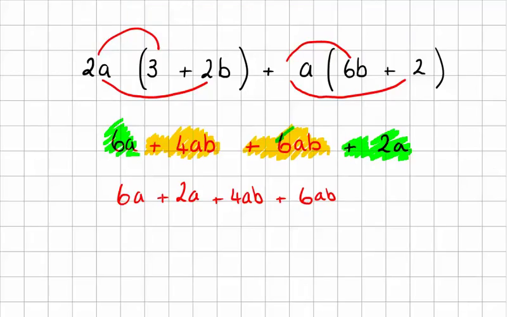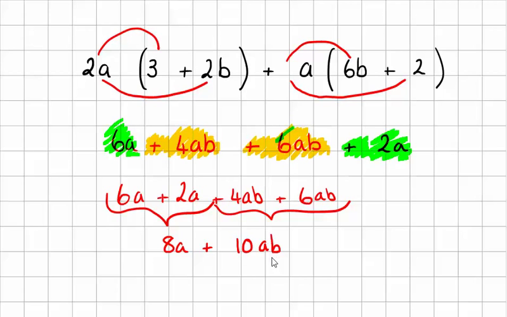You add the same type of terms together. So 6a plus 2a is 8a, and plus 4ab plus 6ab is plus 10ab. That was collecting like terms.